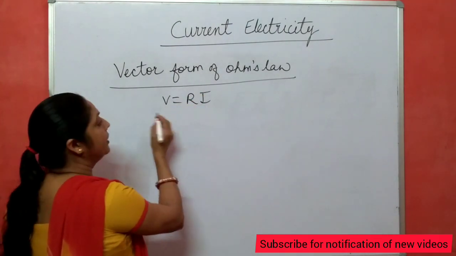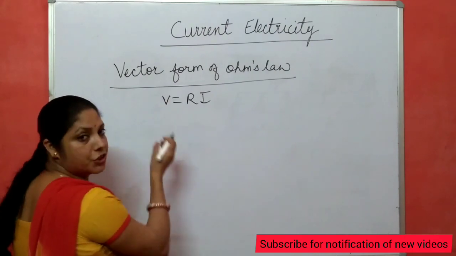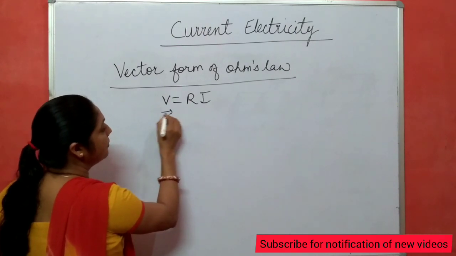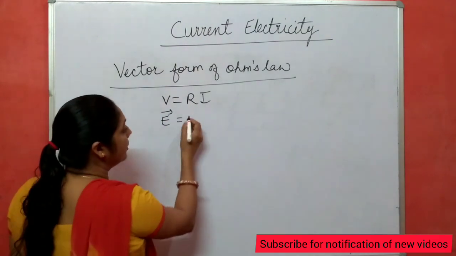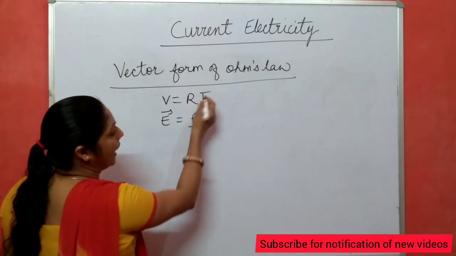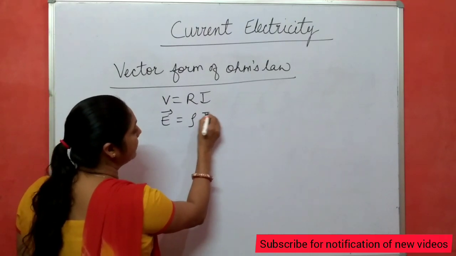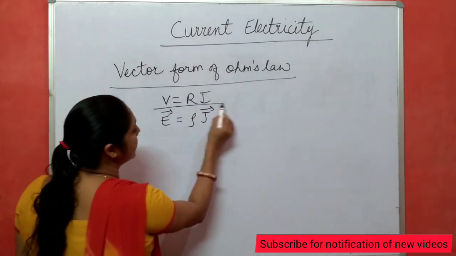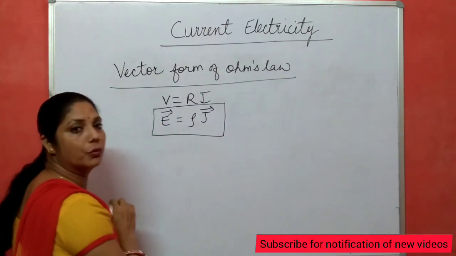We want something in place of V which represents direction. So we use E in place of V, rho in place of R, and in place of I we use a vector, the current density. So E equals rho J. This is the vector form of Ohm's law.